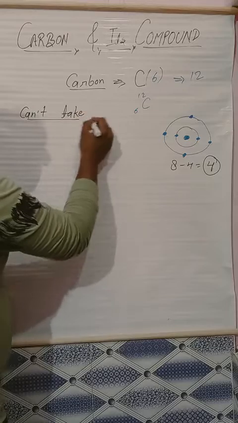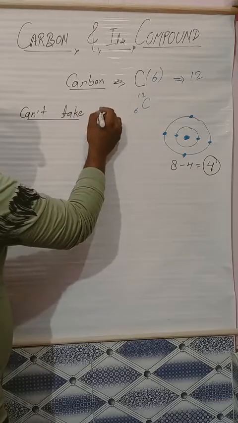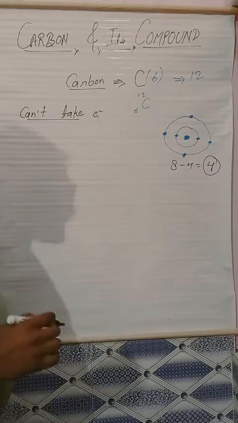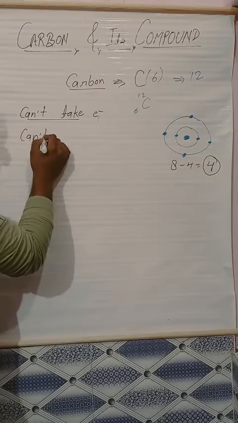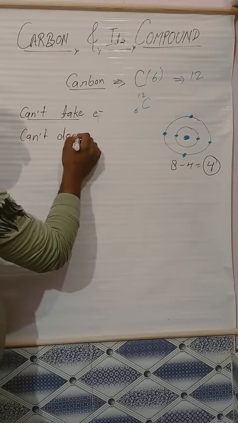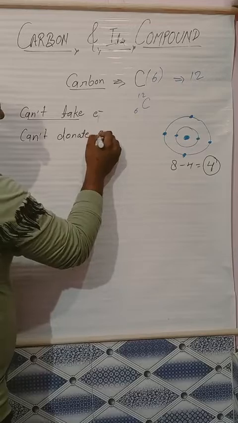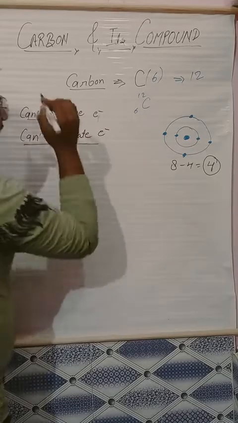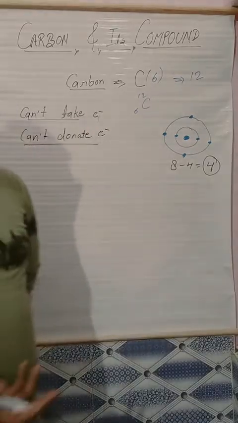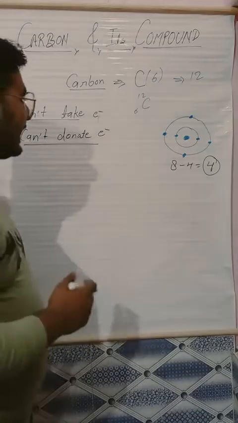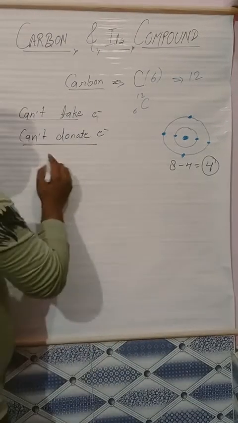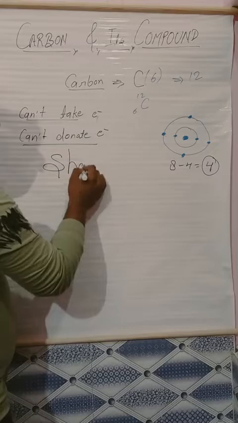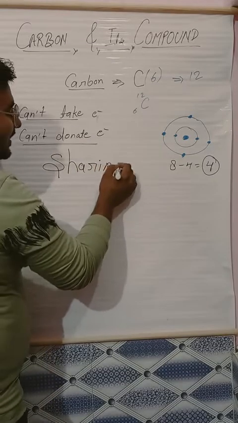Carbon can't take electrons. It is not able to take the electrons, as well as it can't donate the electrons. Neither it will take nor it will donate. Then what it will do? It will do the function that is sharing. It is good in sharing.